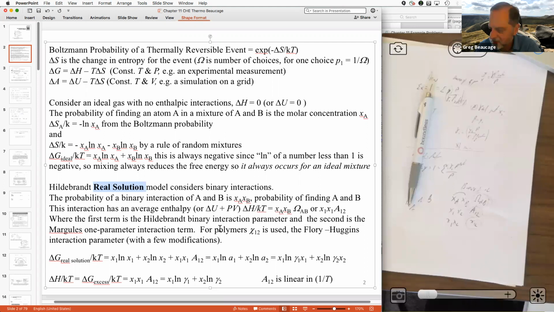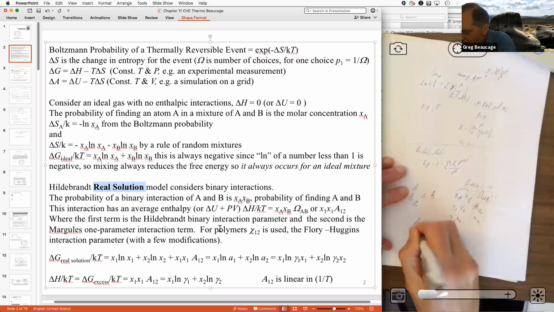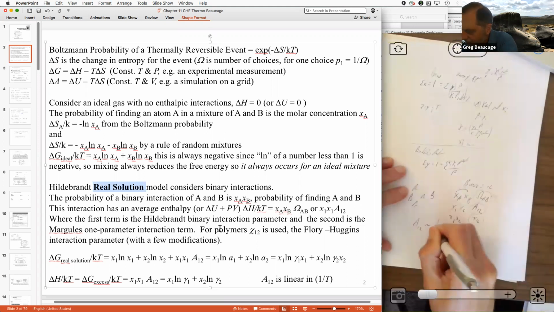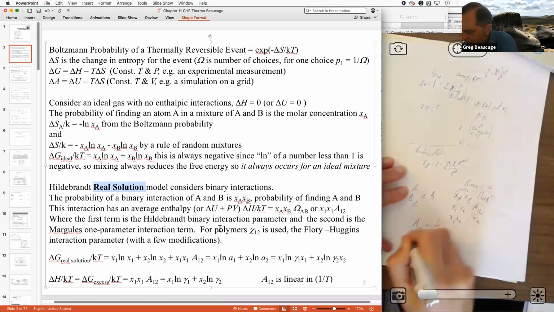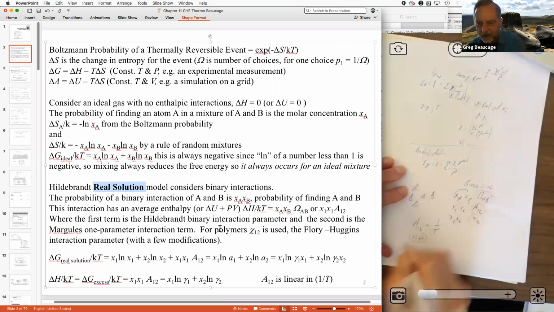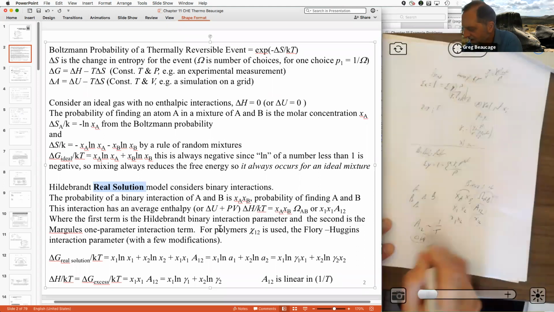So that A12 has to be proportional to 1 over T in order for it to be an enthalpy. And you want it to be an enthalpy. So the expression for A12 is going to involve 1 over T if you do a calculation of it. So A12 will change with temperature.